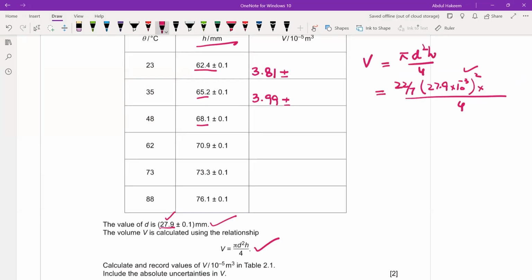We will write 68.1 into 10 power minus 3, so the next value will be 4.16. Then we will change this value and write 70.9 into 10 power minus 3, so the answer will be 4.33.